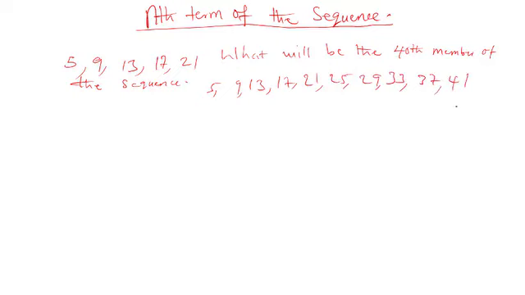When will you get to the 40th number? You discover that it is very straightforward. What if you're being asked to get the 100th term or the 200th term of the sequence? That is the essence of finding the end term of the sequence, because the end term will serve as a guide for searching for any other term that we are looking for.